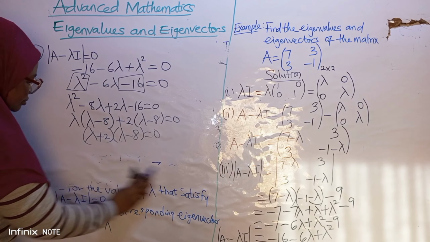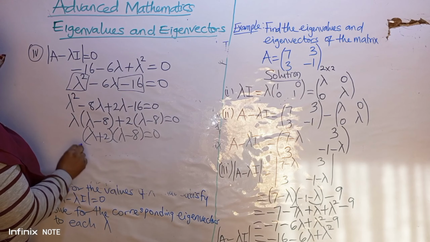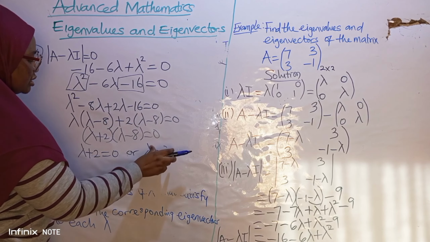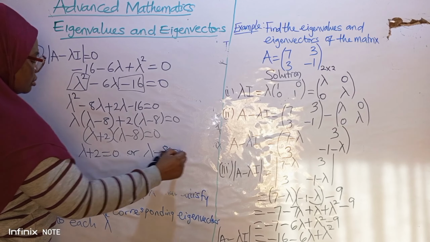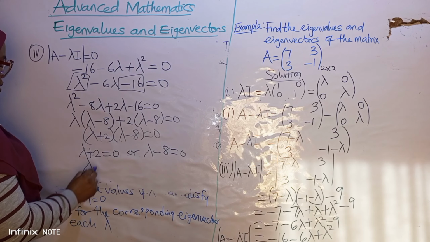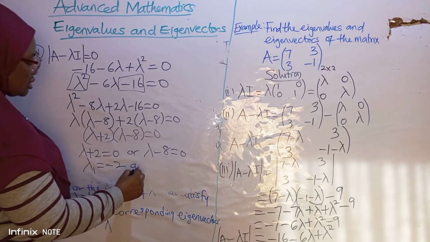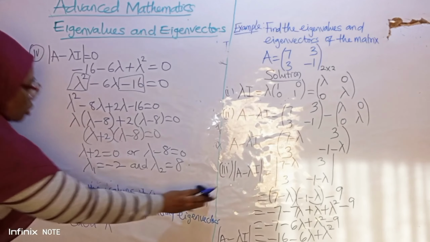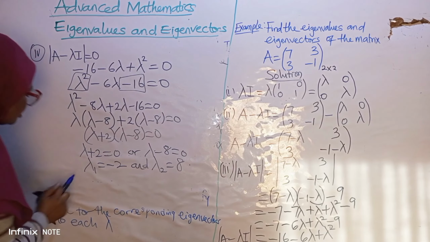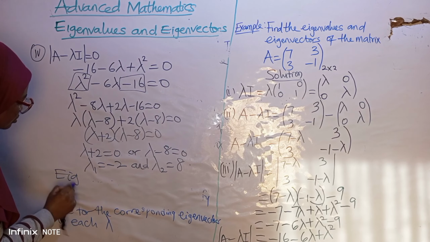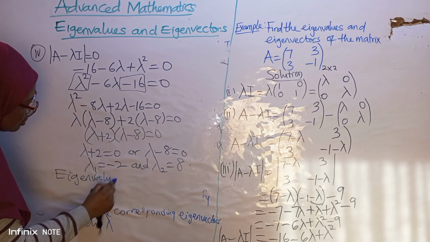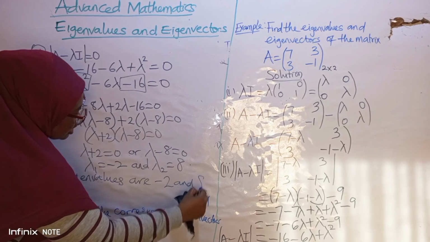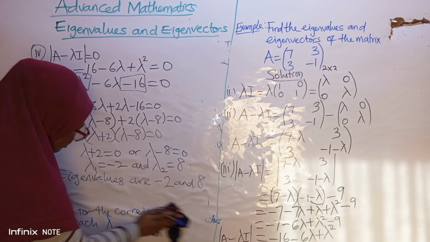So from here, my lambda plus 2 is equal to 0, or lambda minus 8 is equal to 0. So from here, my lambda 1 is equal to minus 2, and lambda 2 is equal to 8. So that means my eigenvalues are minus 2 and 8. So I've gotten the eigenvalues.